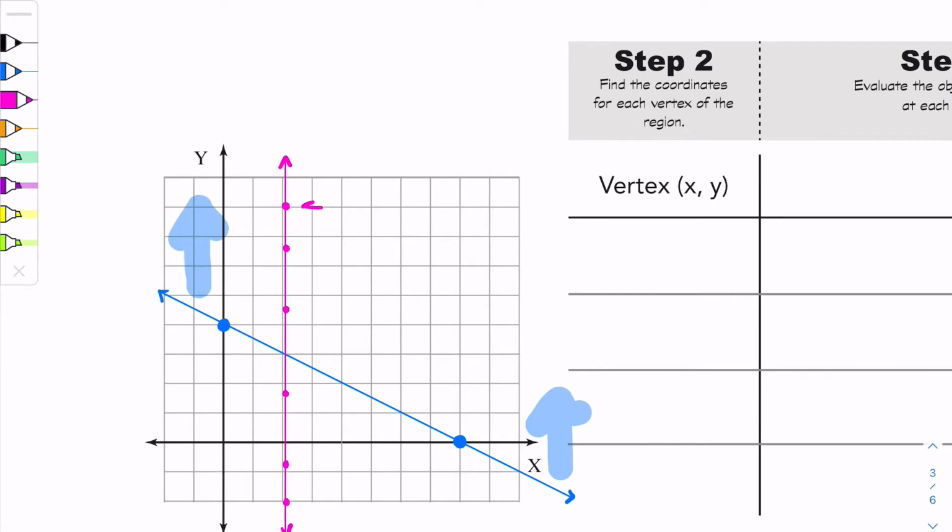This point is at 2, 9. This point right here is at 2, 6. This point right here is at 2, 1. So every point on that line has an x value of 2. That is what you want.